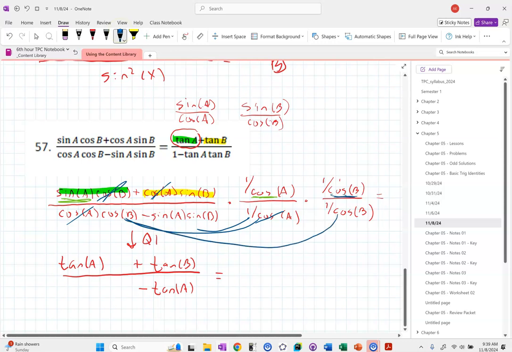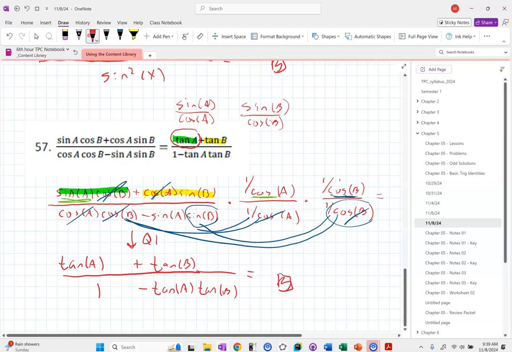When I multiply here, the cosine B's are going to cancel. And I multiply there, the sine B over cosine B can make a tan B. And this stuff all went away, so all we're left with there is a 1. And I think that's it, right?